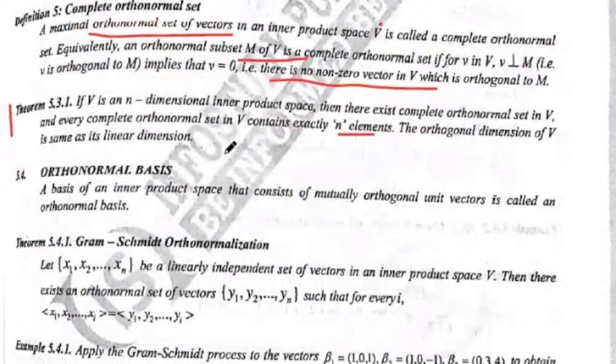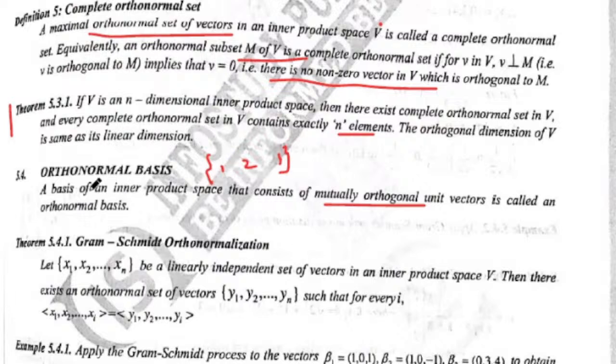Here, a basis of an inner product space consists of mutually orthogonal unit vectors. That is, for an orthonormal basis, for example, if x1, x2, x3 are orthonormal vectors, then x1 and x2 are orthogonal, x2 and x3 are orthogonal, and x3 and x1 are orthogonal, and this will be called the orthonormal basis.